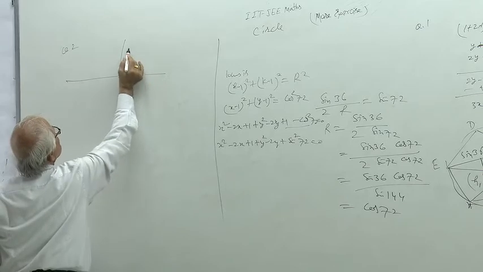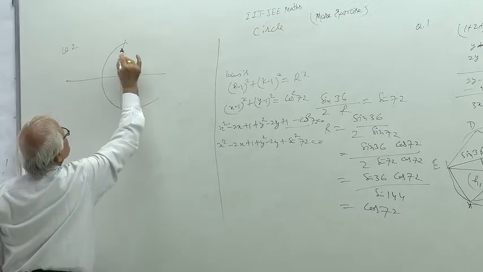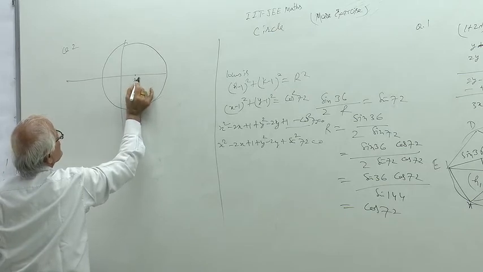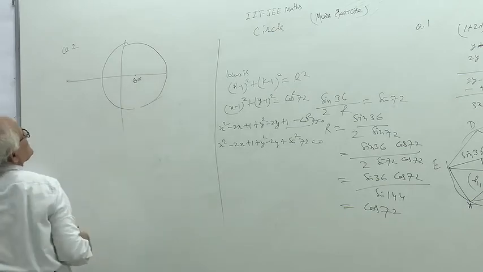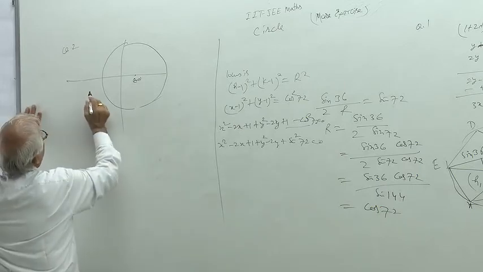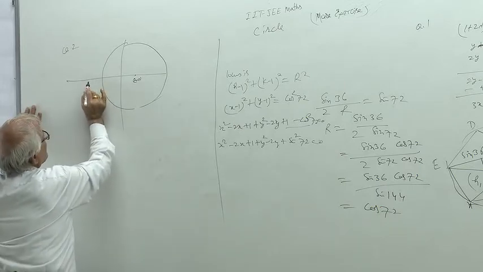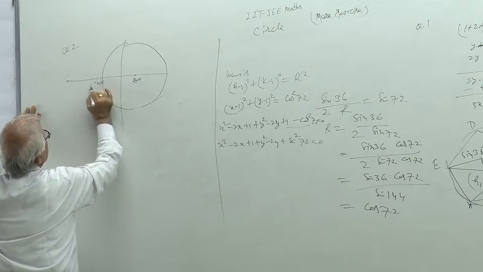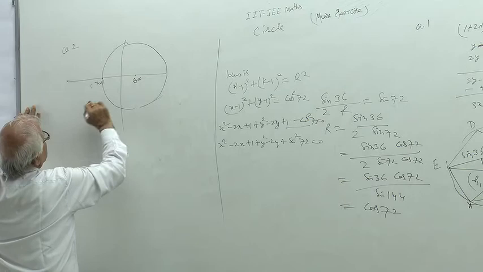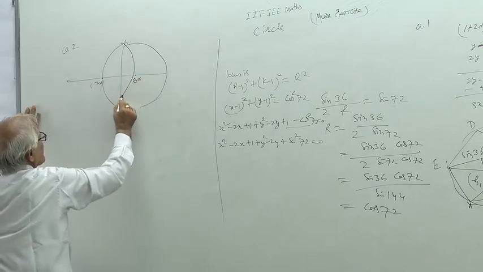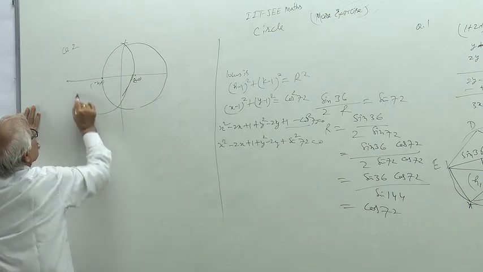Your first circle is this, having the center at 2, 0. The other circle also has the center at minus 2, 0, and will also pass through this, and will cut this.